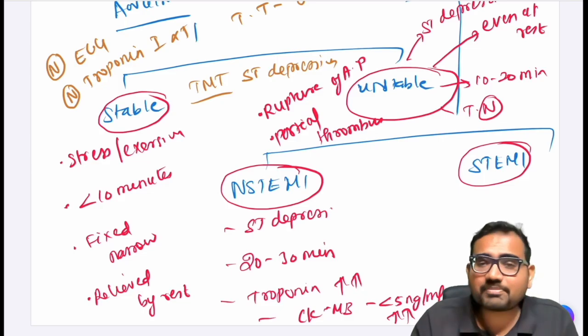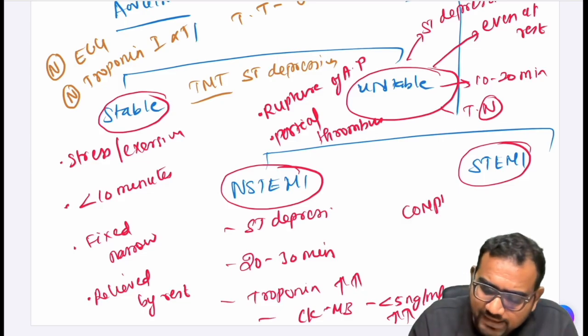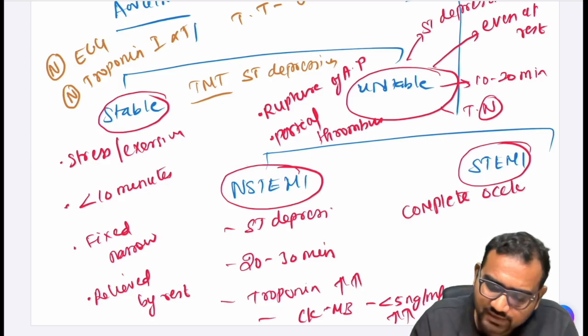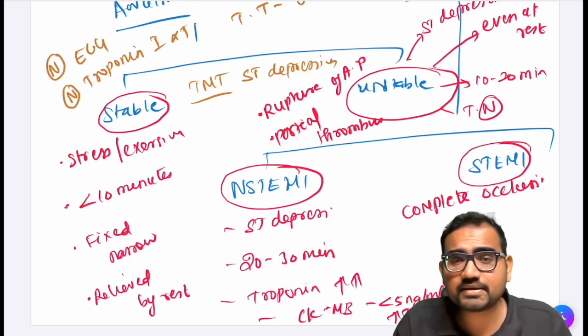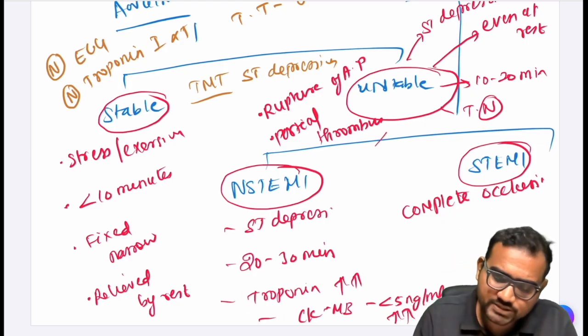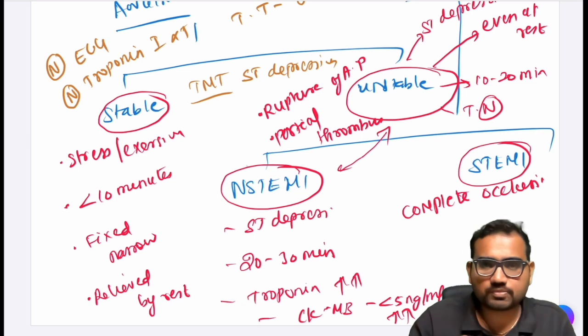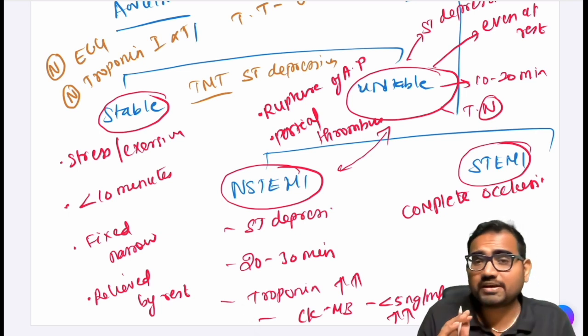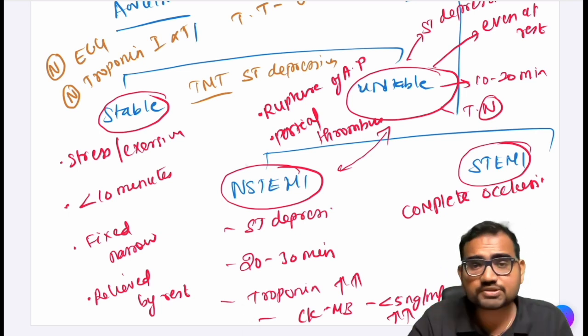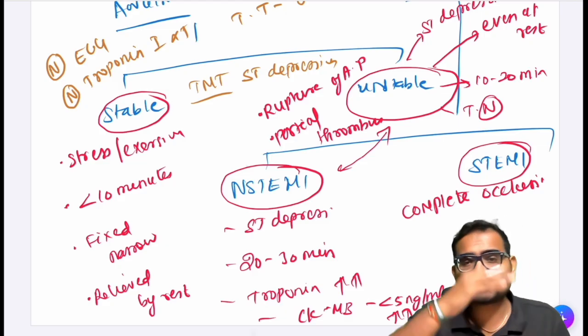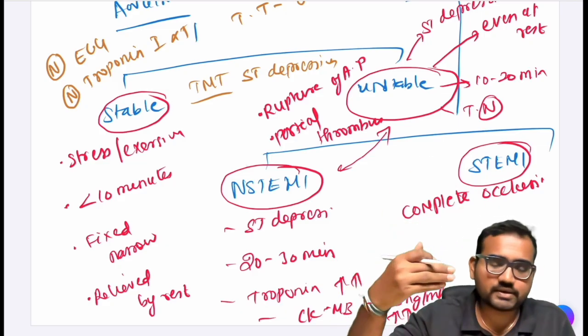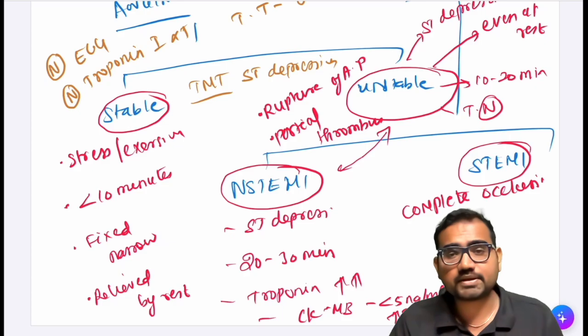In STEMI, there will be a complete occlusion. It is a life-threatening disease and needs immediate attention. The treatment for unstable angina and non-ST segment elevated myocardial infarction will be almost the same. For STEMI, you definitely need immediate surgery to remove the block, and then proceed with anticoagulants, antiplatelet drugs, painkillers and statins.